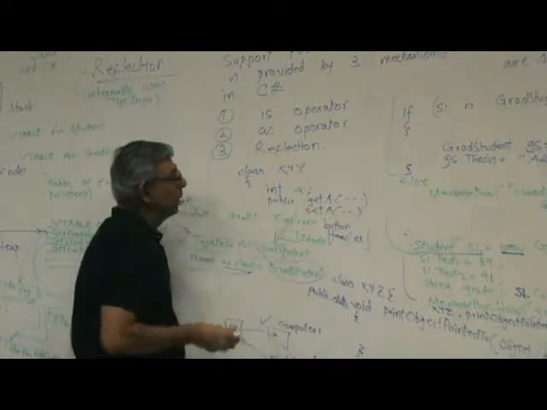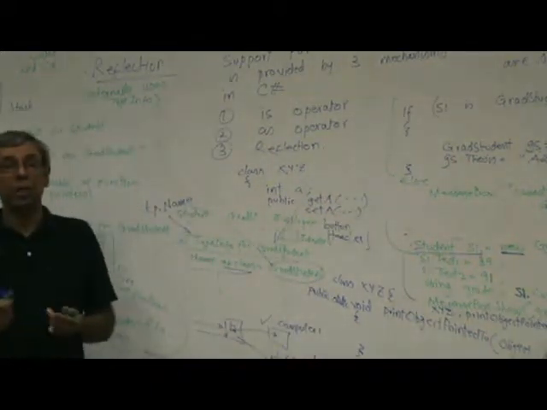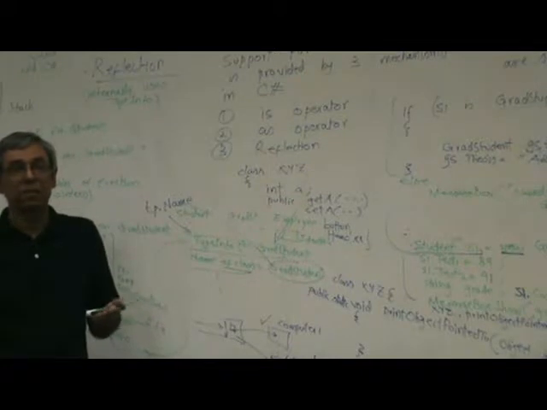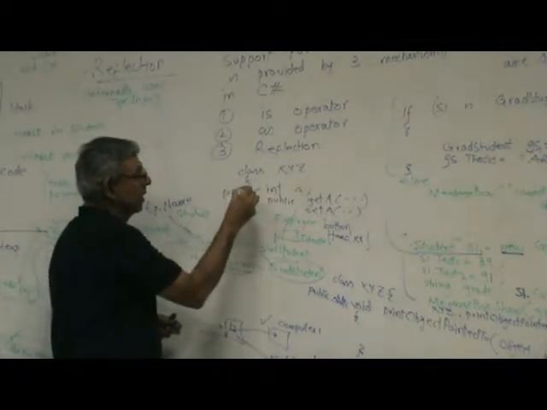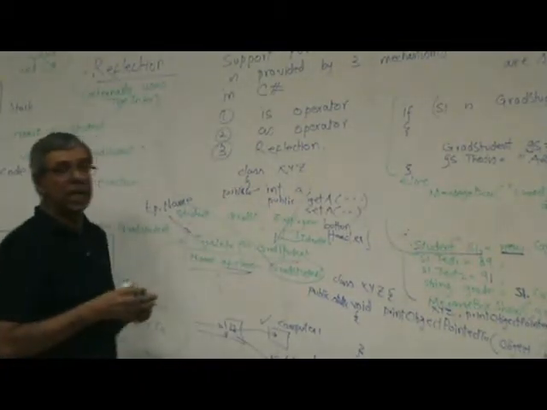Remember I said people who are new to object-oriented programming always have this question: why are you writing this get and set? Won't it be easier just to make it public? And what was the answer to that?